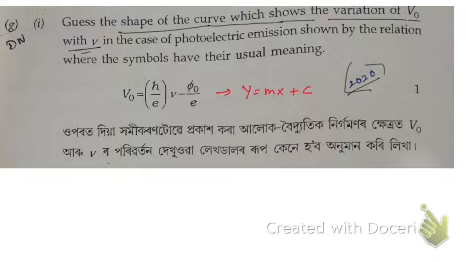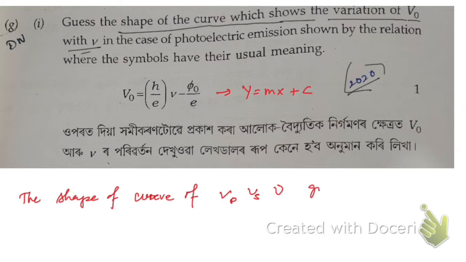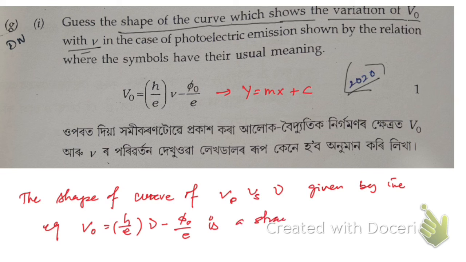So the shape of the curve of v naught versus nu given by the equation v naught is equal to h by e into nu minus phi naught by e is a straight line, right? So it will be something like this.